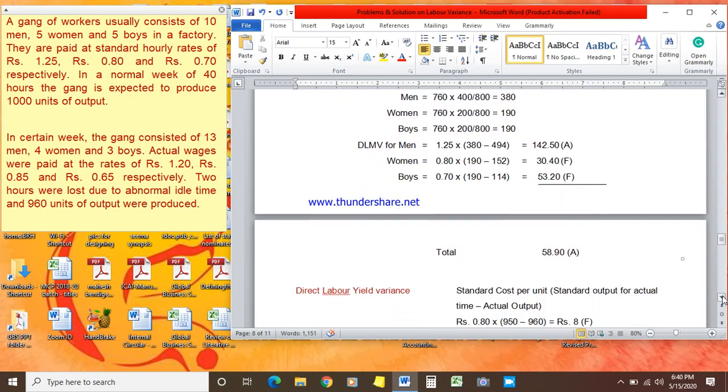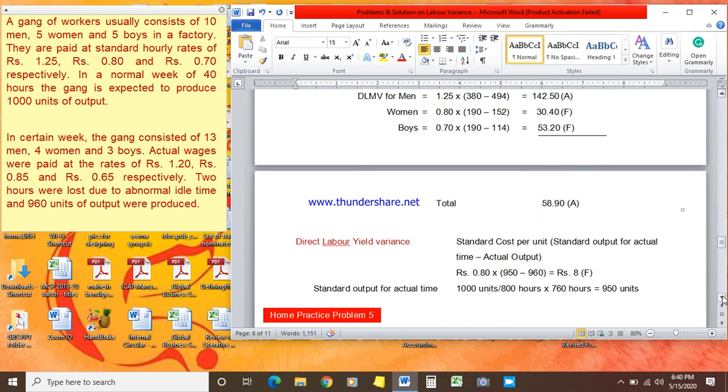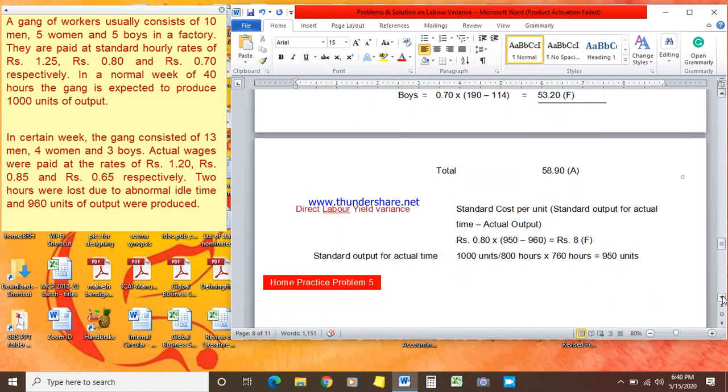Last but not least is the direct labor yield variance. The direct labor yield variance is a comparison between standard output and the actual output. So the standard output for the actual time is 950. How we got this 950 is important.